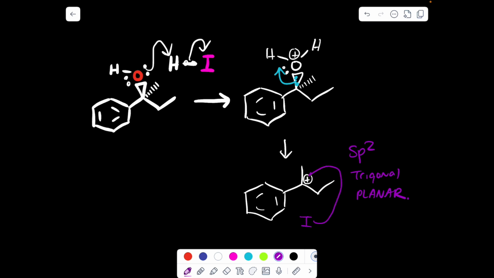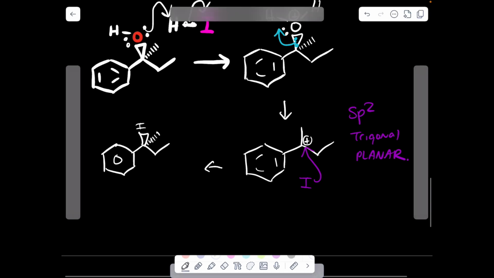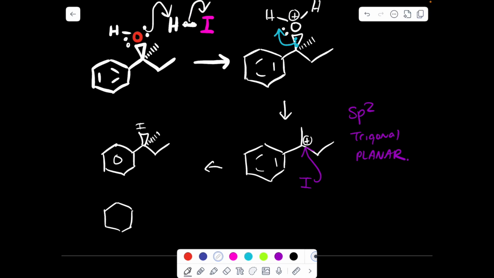So it could go from the top to in, or it could go from the bottom to in. There's no to out because the leaving group already left. So for our final product, all we have to do is draw the iodine on a wedge and also on a dash. So iodine on a wedge in one of the products, and the iodine on a dash.